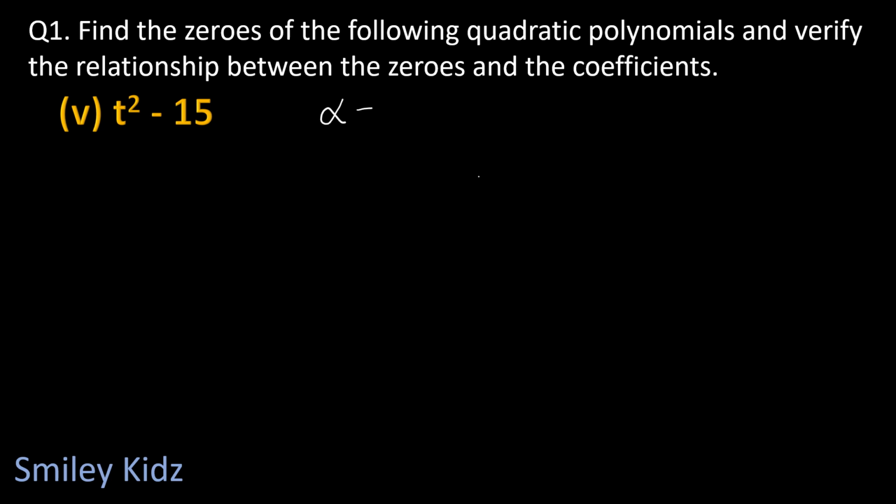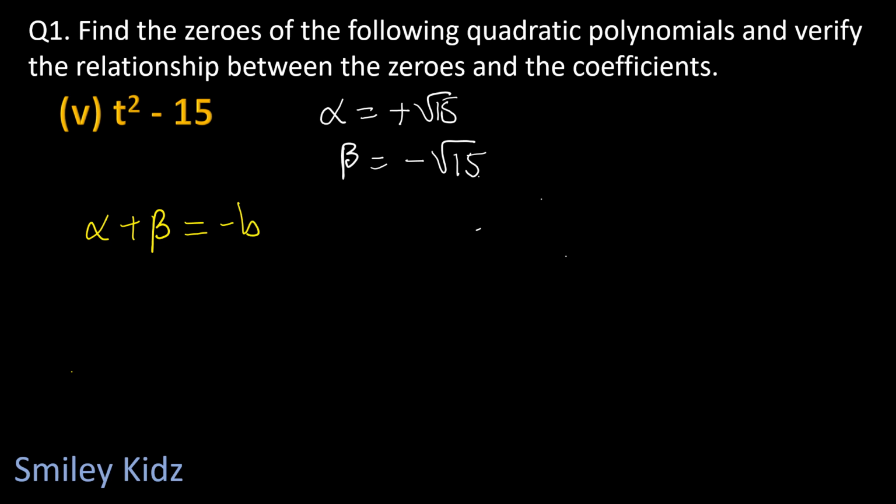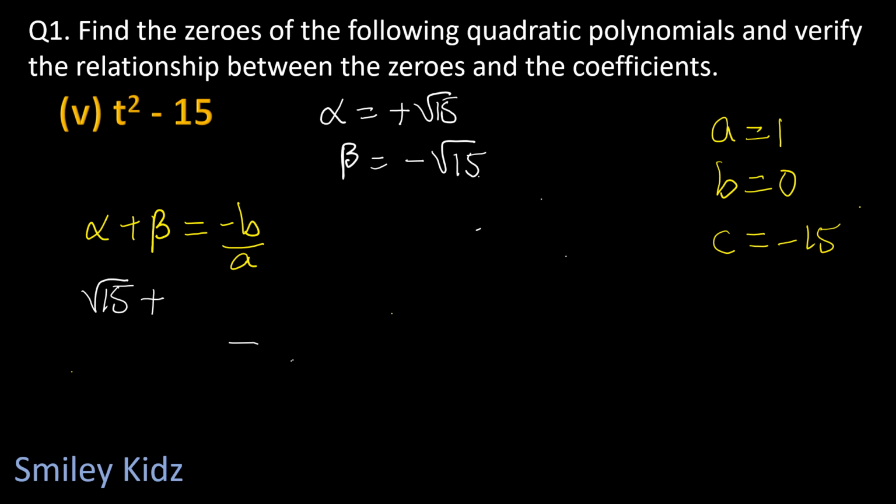So alpha is plus root 15 and beta is what? Minus root 15. Now, we know that alpha plus beta is equal to minus b by a. And what is the value of a? It is 1, b is 0 and c is minus 15. Now alpha is plus root 15 plus what is beta?